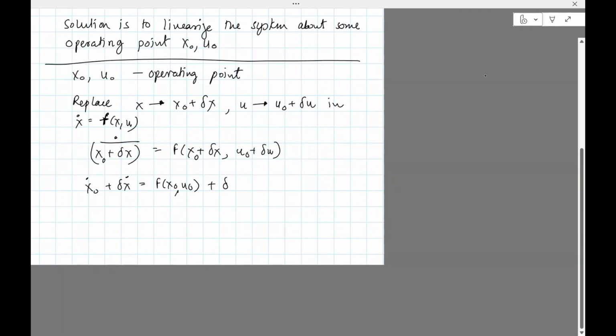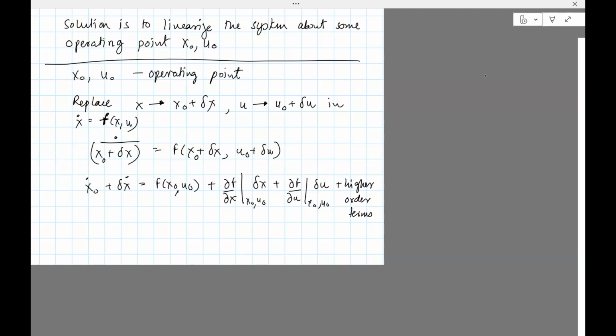That expansion is f of x0, u0 plus df/dx at x0, u0 times delta x, plus df/du at x0, u0 times delta u, plus higher order terms.